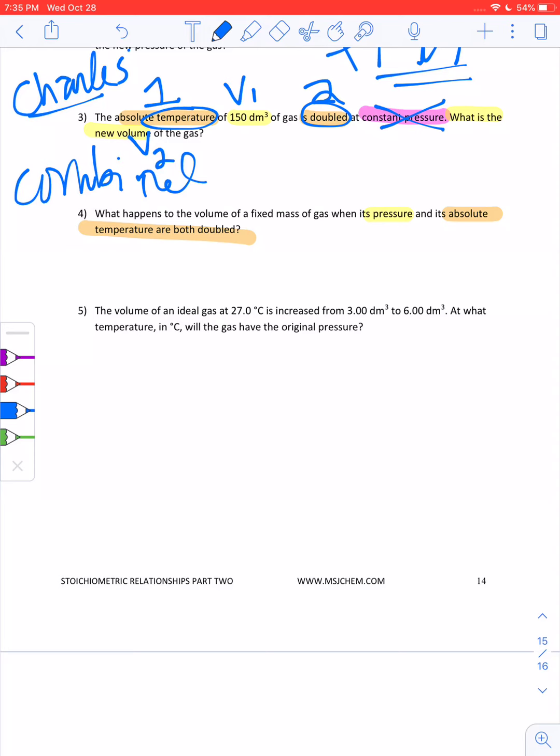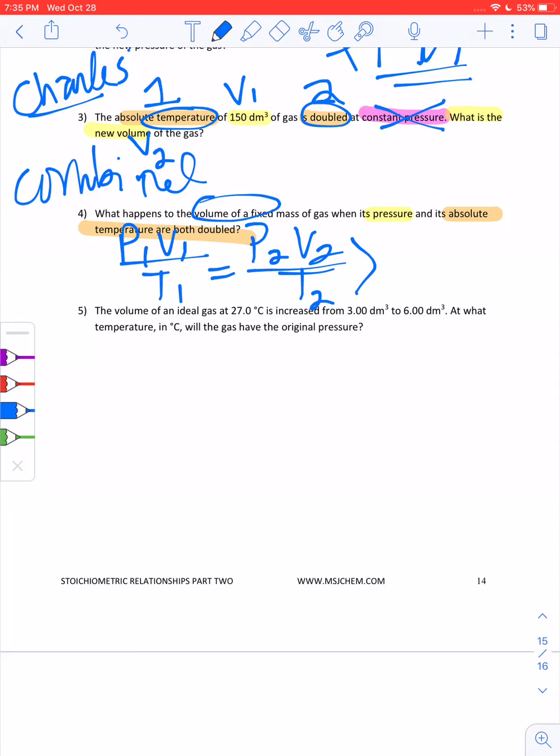So it's kind of like with your powers combined, okay? So you put together Boyle's, Charles, and Guy-Lussac's law. And so that's P1 times V1 over T1 equals P2 times V2 over T2 when we put all of them together. And so they want to know what happens to the volume. So you don't have to do this equation. You can.